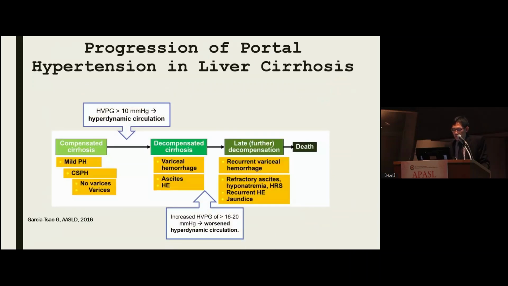And we know that the HVPG, an indirect measurement, is still considered the gold standard for portal pressure measurement. It can worsen the hyperdynamic circulation, as the patient will further develop decompensated cirrhosis with complications such as variceal hemorrhage, ascites, and other things, and then also recurrent variceal hemorrhage in late decompensation.